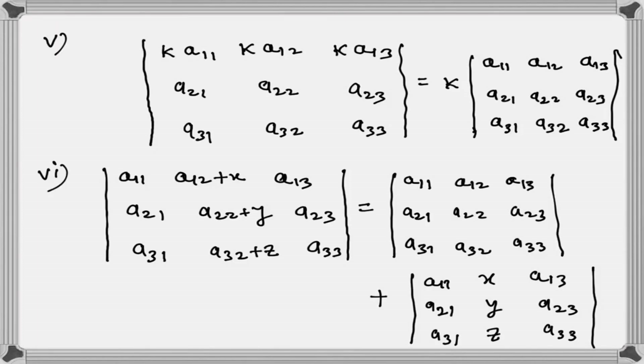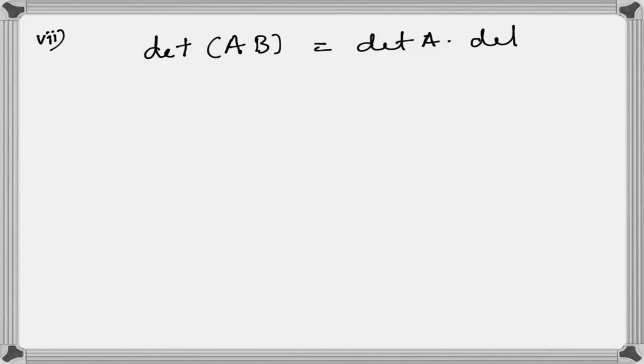So, seventh property. It is the determinant of a product of two matrices. Suppose A and B are both square matrices of order n. Then the determinant of AB is the determinant of A times the determinant of B. So these are some properties.